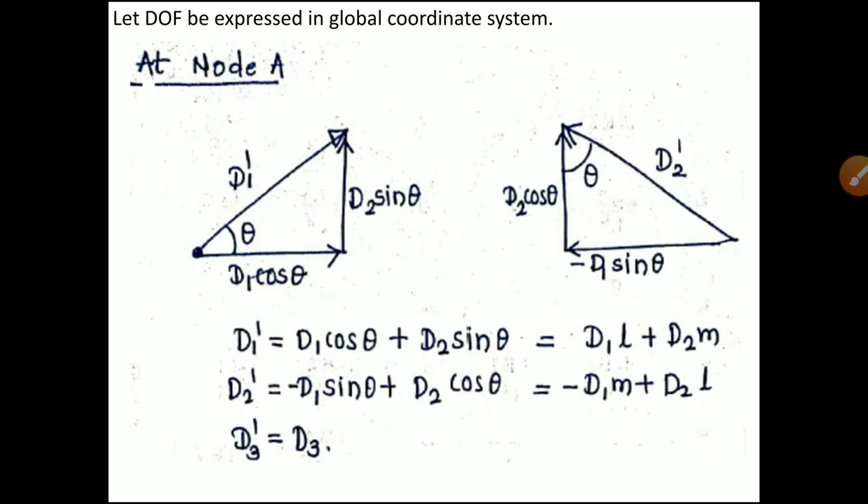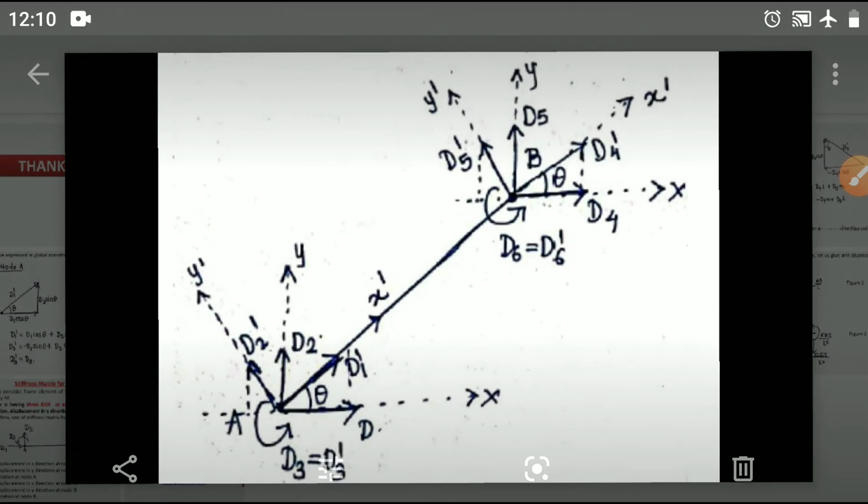Local degrees of freedom are expressed in the global coordinate system. So if this figure is clear, all local degrees of freedom are shown in their respective local coordinate axes, and all global degrees of freedom are shown correctly in their global coordinate axes.